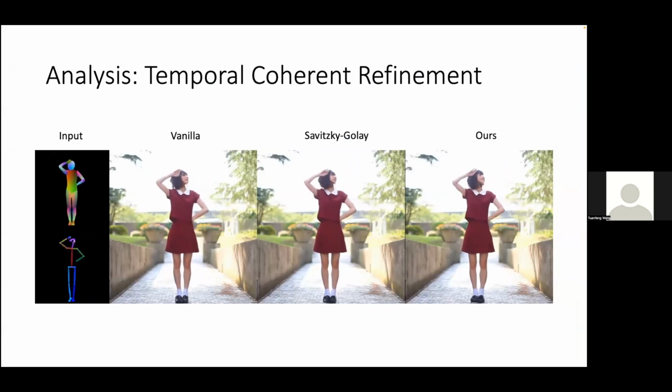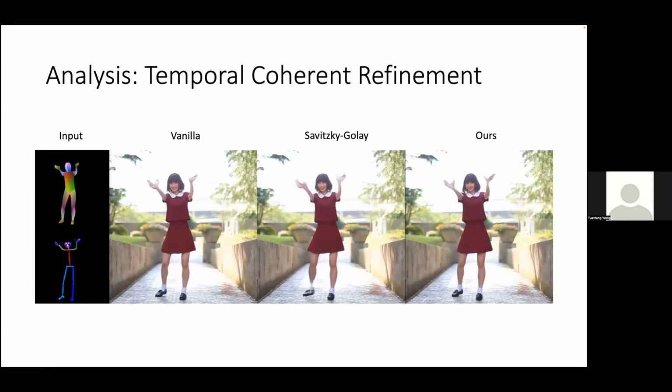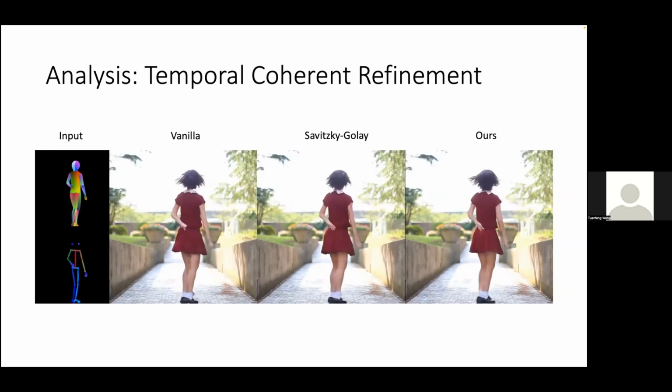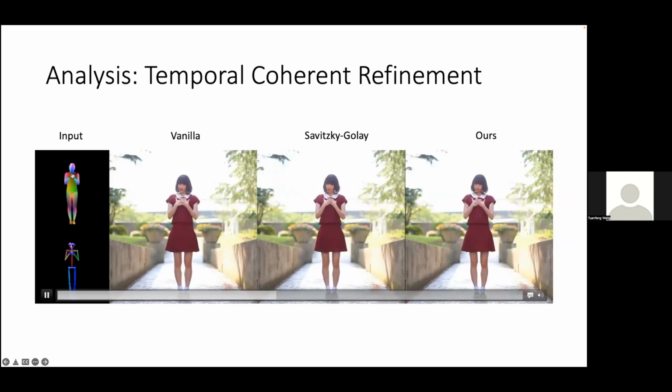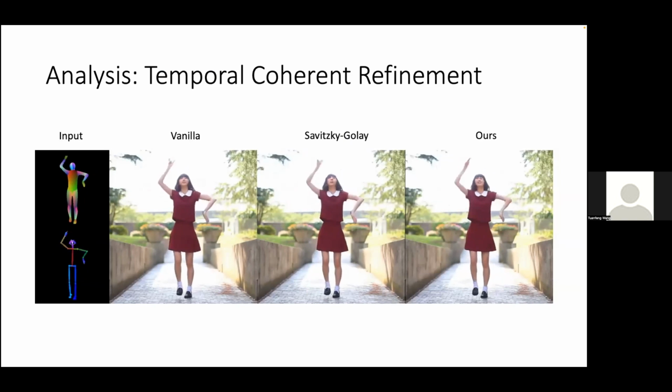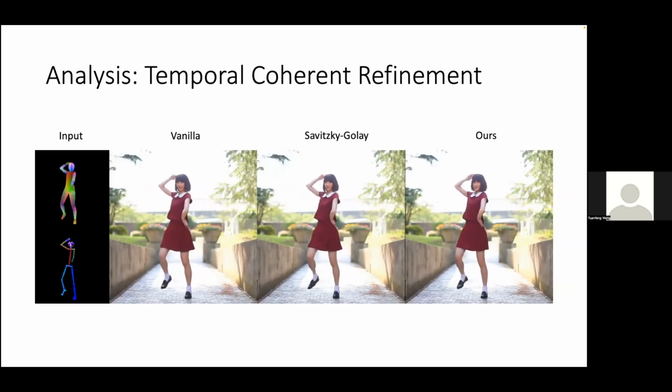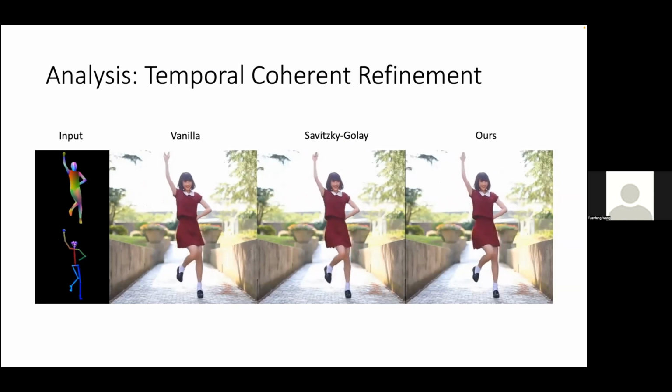So here is the experiment to see how the refinement helps the pose detection. Given the target input pose, the vanilla result means that we just directly generate the results using the input pose.